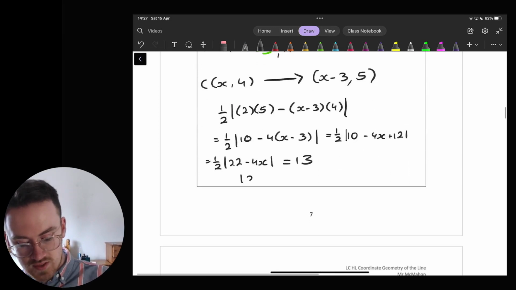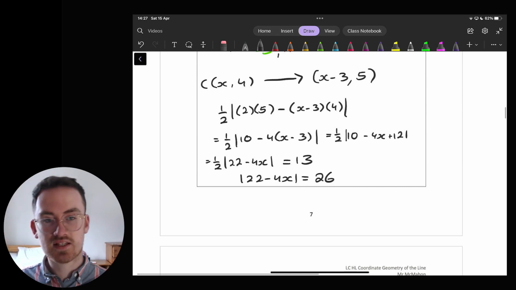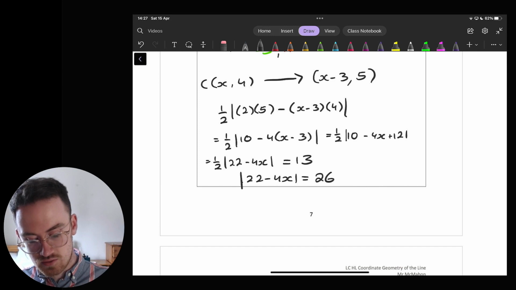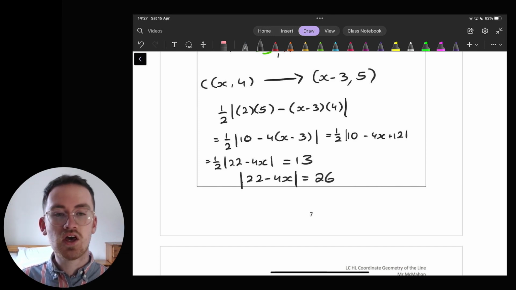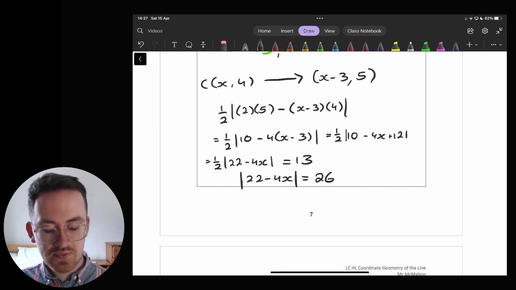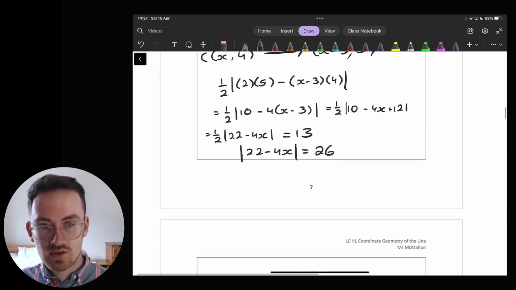So tidying that up, if we get rid of the half in front by multiplying by 2, I get 26. Remember this is the modulus or absolute value. So the modulus of 22 minus 4x is equal to 26. At this point we have two different ways of doing this.